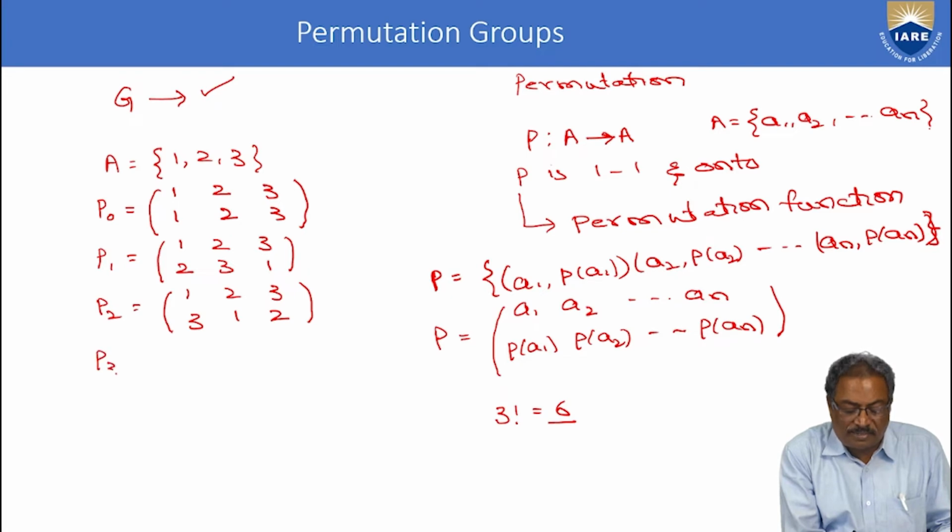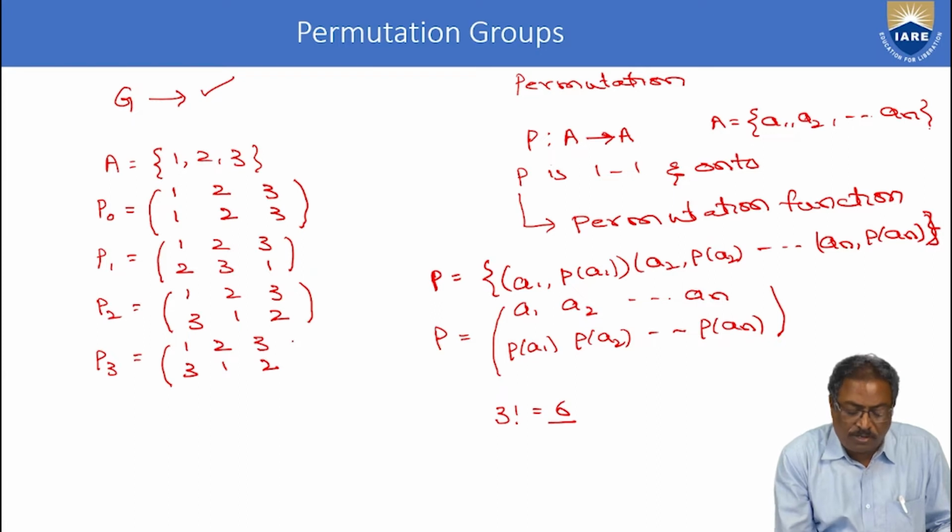Let us consider another, P3, with the first line being the elements of A, and 1, 3, 2 as the images.